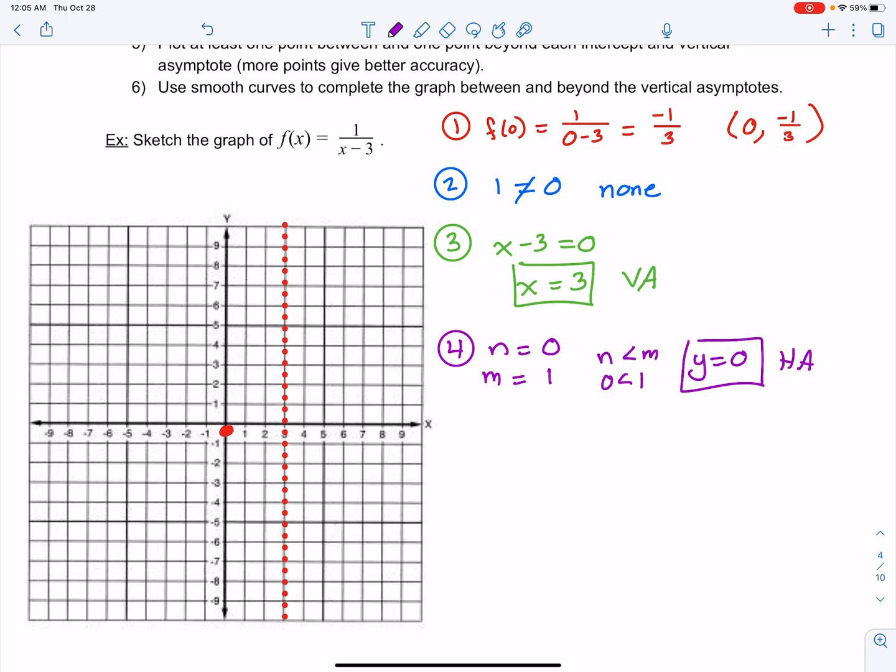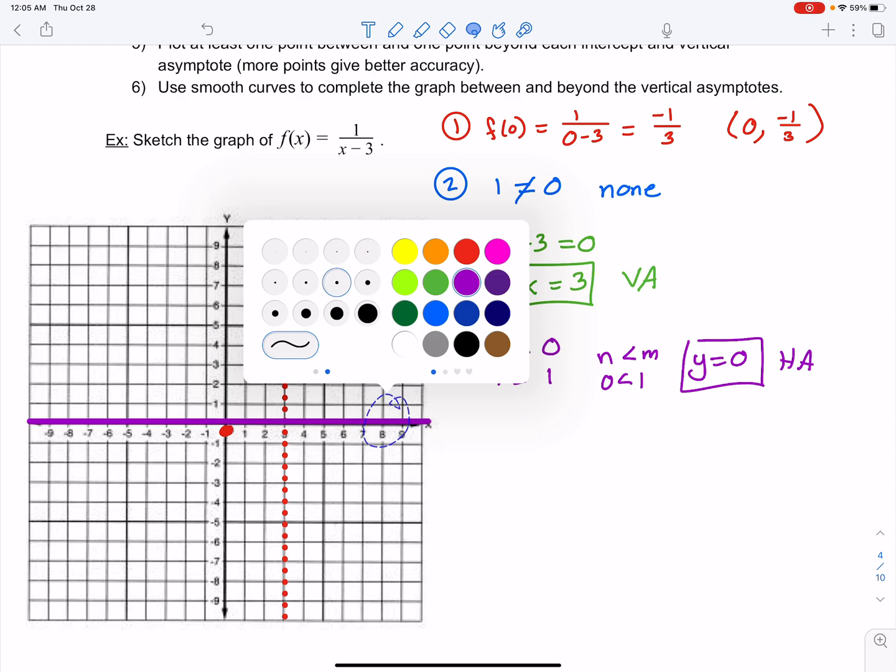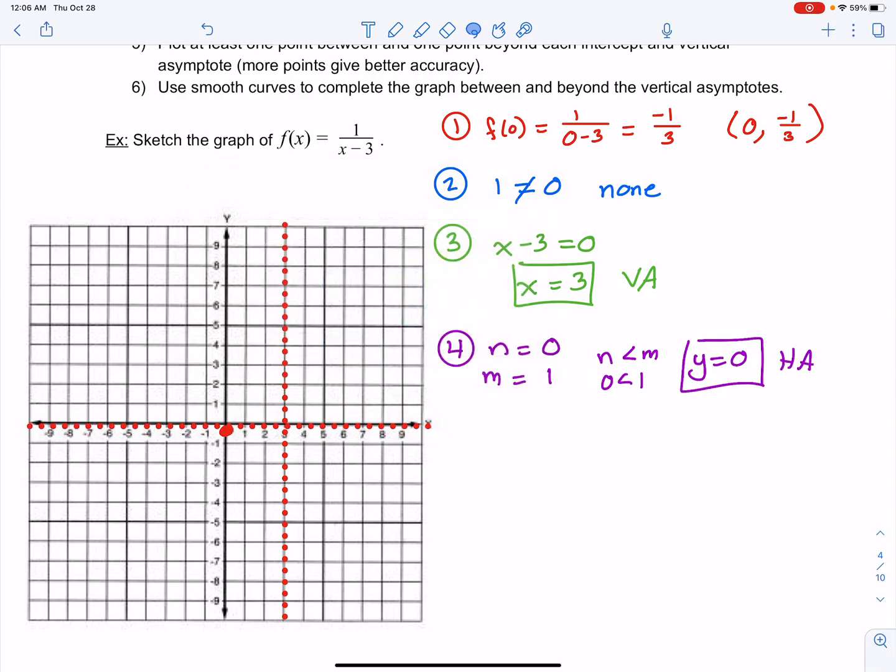So we have a horizontal asymptote here on the x-axis. So that's another guideline for our function's graph. It's going to come closer and closer and closer to that, but not actually cross it, not actually touch it.